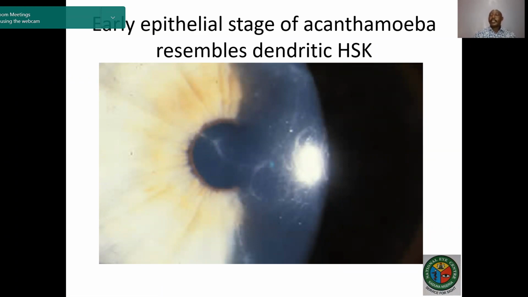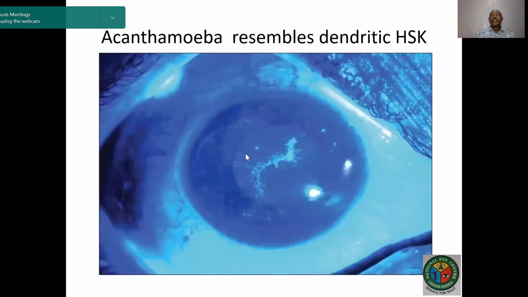But detailed investigation for diagnosis is very pertinent in a condition like this. This also looks like dendritic epithelial herpes simplex keratitis, and in this patient, diagnosis showed that it was Acanthamoeba, and you can see also different resemblance of herpes simplex keratitis.